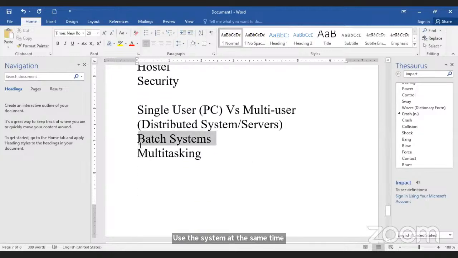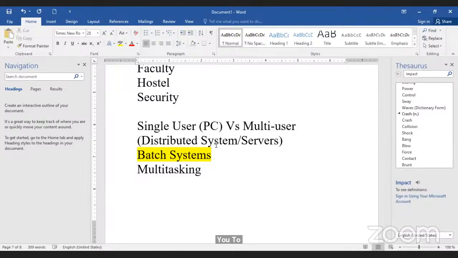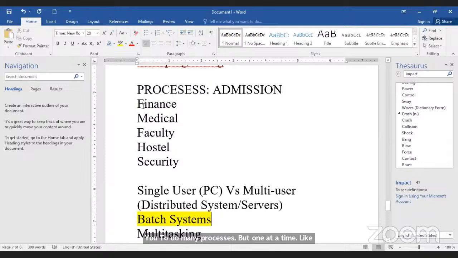Then we have what's called batch systems. Batch systems allow you to do many processes, but one at a time. Like considering this process of admission, you cannot do all this process at a time.